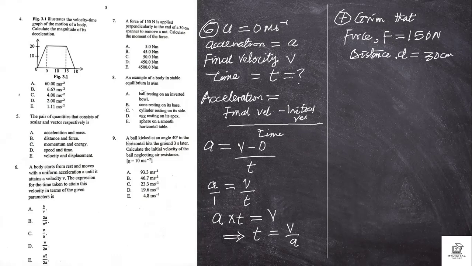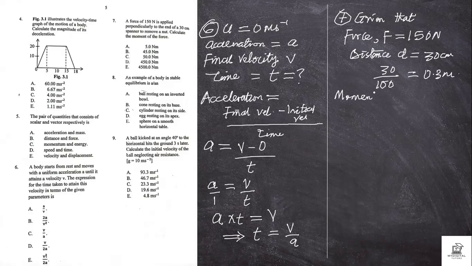Except otherwise stated, always convert to meter. So we have 30 centimeter, convert it to meter, that will be 30 divided by 100, which will be equal to 0.3 meter.